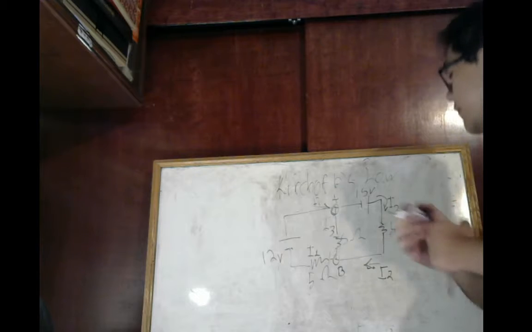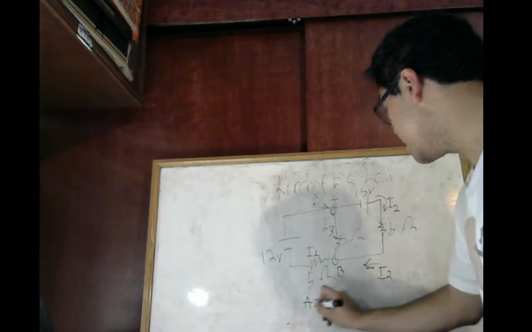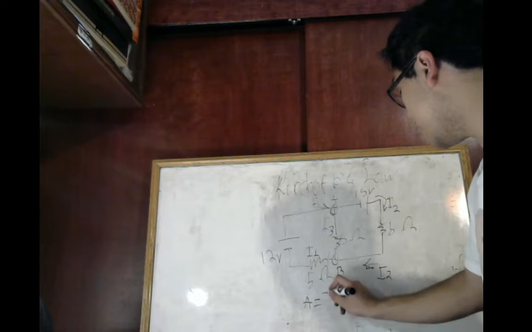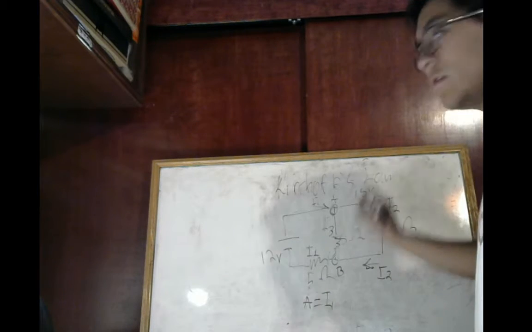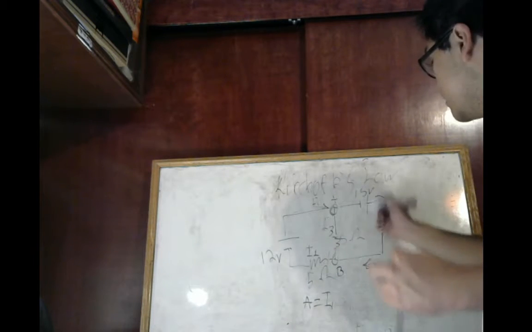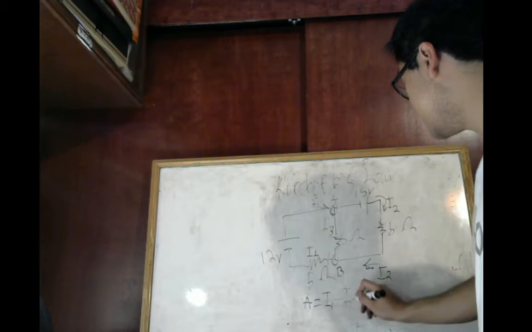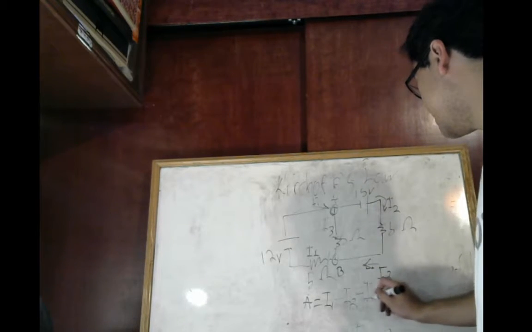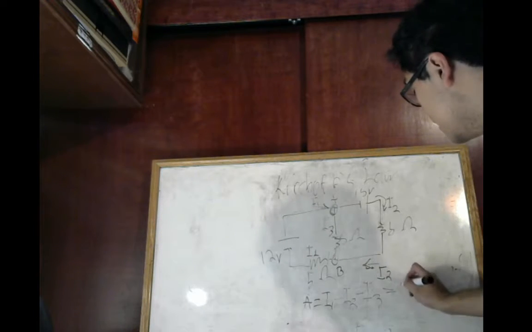Perfectly. Now, at node A, the currents that come in, you sum them, and the ones that come out, you subtract them. So it will be I1 minus I2 minus I3, and this, thanks to Kirchhoff's law, is equal to 0, right?